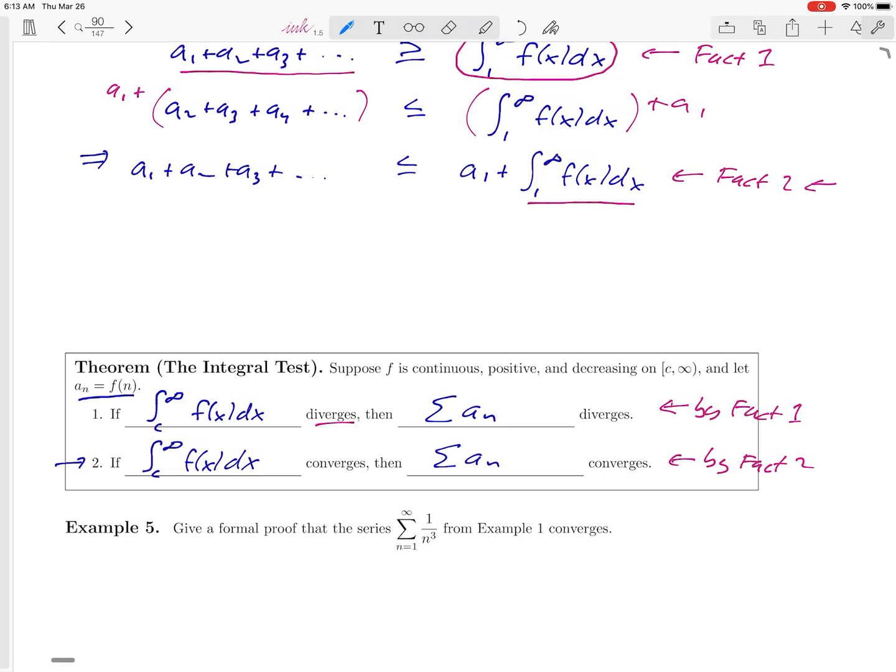So if you go back up to fact number 2, if this integral converges, it means that it's a finite number, and we're going to take that finite number and add it to a1. That's going to make this entire right-hand side finite. And so if you look at the left-hand side of the equation, that means that this sum of the terms in our series has to also be finite because it's less than or equal to a finite number. That's our justification that statement 2 down here is also a true statement.